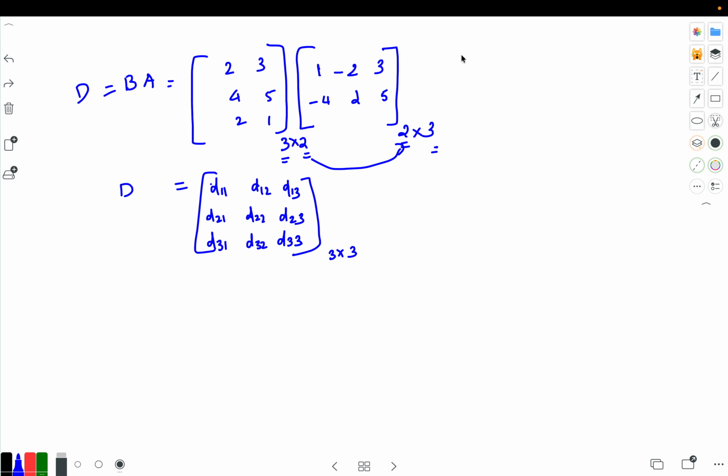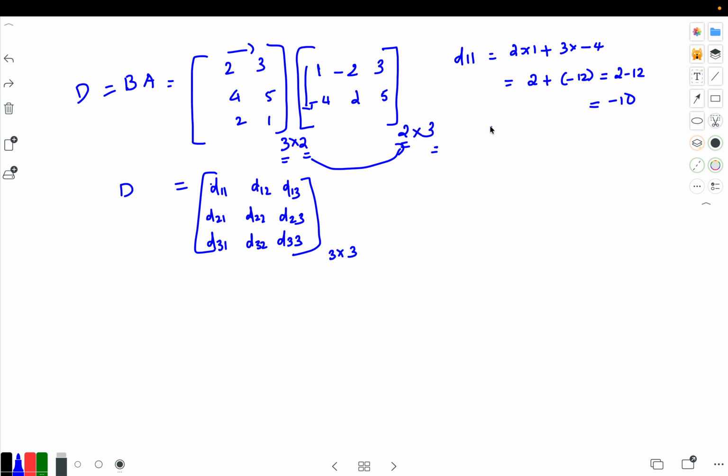First, let us find D11. D11 is the sum of the products of the first row with the first column, that is 2 into 1 plus 3 into minus 4, which is 2 minus 12, that is minus 10.